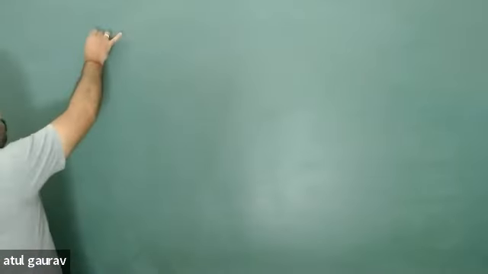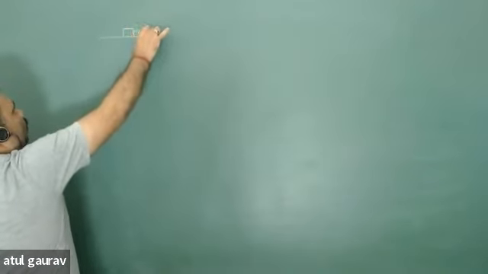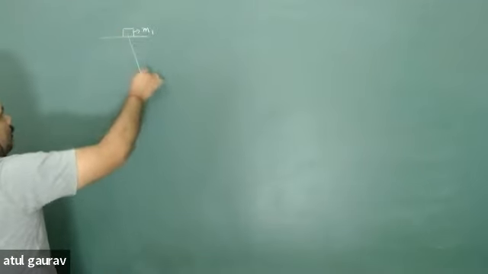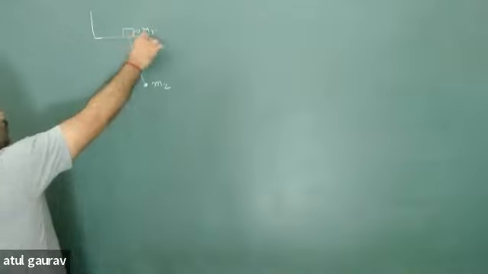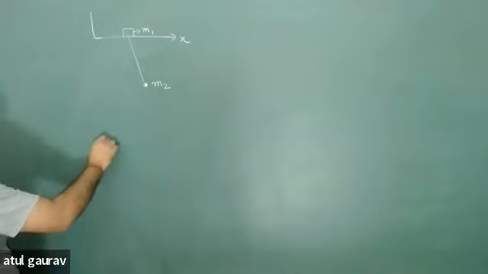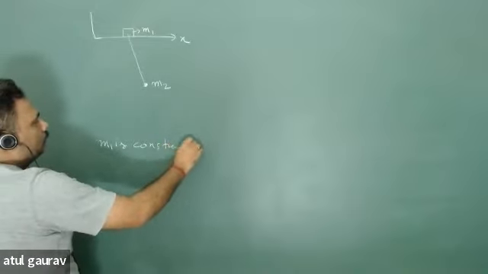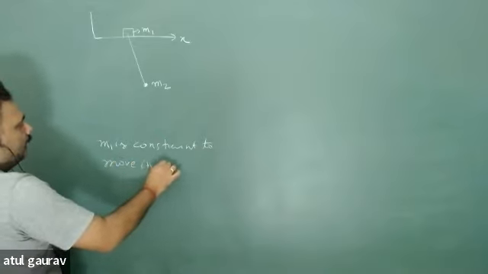So let's try one more problem. Then we will go for generalized coordinate and generalized velocity. There is a mass M1 attached to a massless rod, and the other end is M2, and this is your x direction.